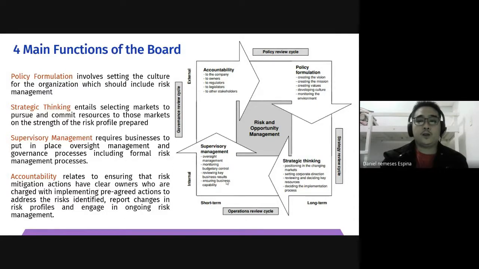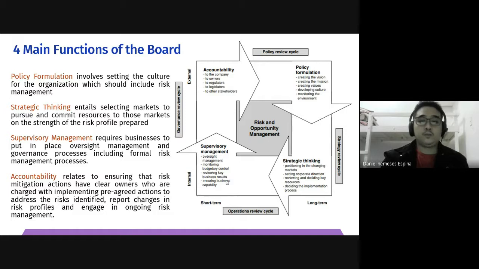The strategic thinking is a long-term direction of the business, while in the short term or the operations review cycle, the function of the board is that of supervisory management. Under the supervisory management, you have oversight management, monitoring budgetary control, reviewing key business results, and ensuring the business capability.